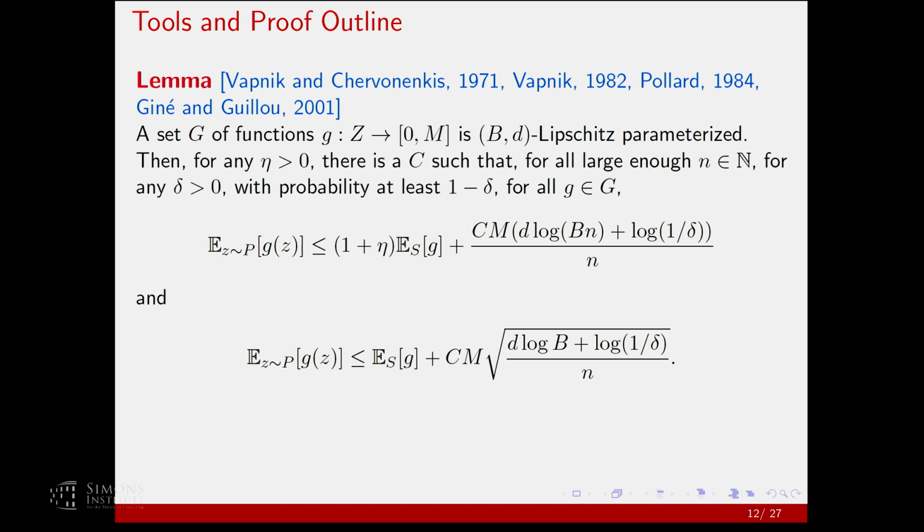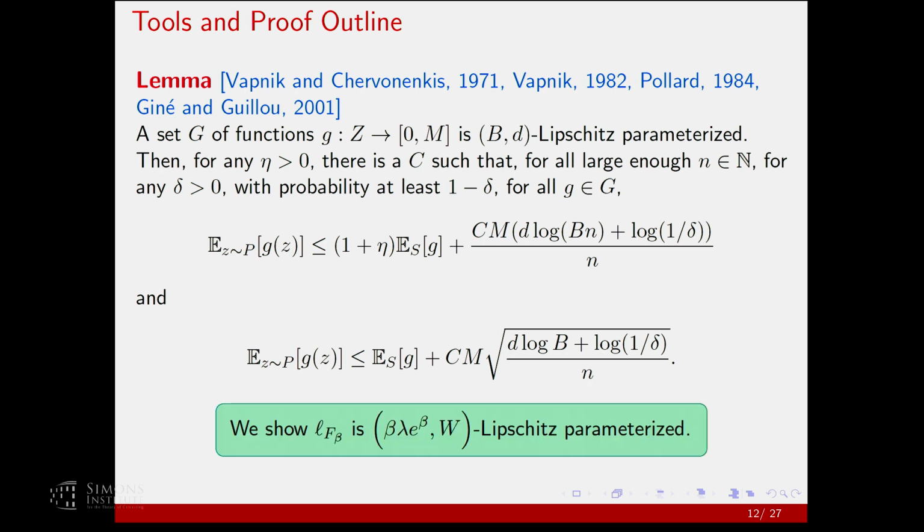It says that if you have a set G of functions from Z to some bounded interval 0 to M, and this set of functions is B and D Lipschitz parametrized, then for any eta, there exists some C such that if you have a large enough number of samples, with high probability you have a bound on the difference between expected and empirical risk, which is linear in terms of the upper bound on the loss, linear in terms of dimension, and has logarithmic dependence on B, which is your Lipschitz constant.